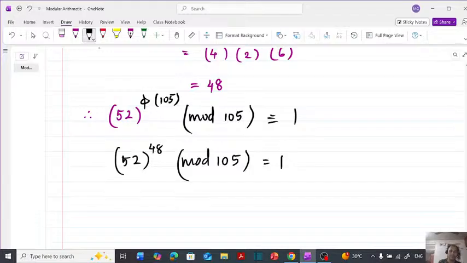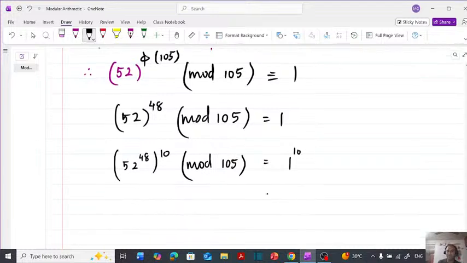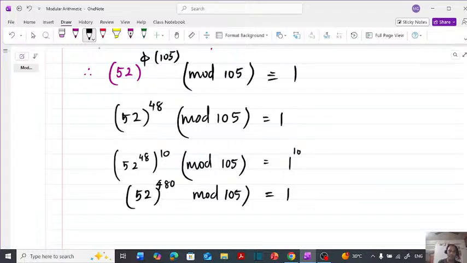It means now that 52 raised to 48 whole raised to 10, if I do, is going to be modulo 105, 1 to the power 10. So that's 1 alone. Okay, this is how this is done. So 480 mod 105. This is how it is working around.